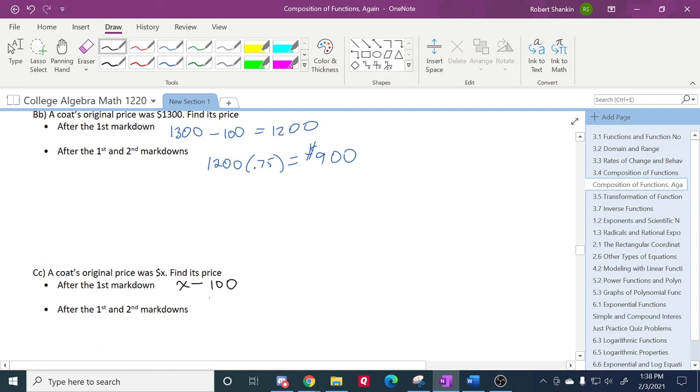And so which did you write first, the 0.75 or the previous answer? The previous answer, times 0.75.